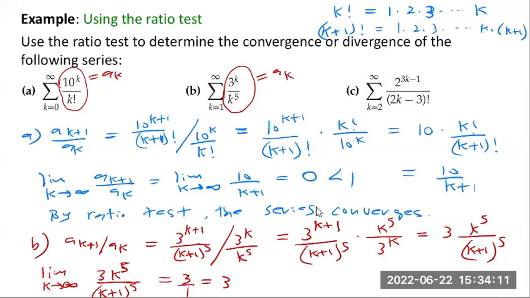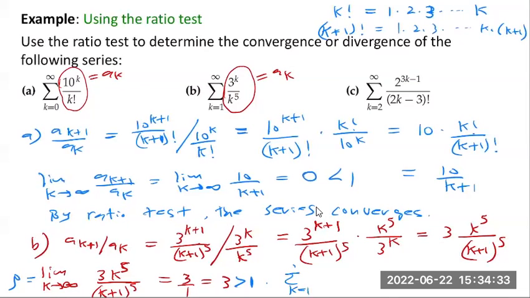Notice that this is greater than 1. What does that tell you? By ratio test, the original series diverges, right? This is what we call rho. Let me actually write it. Rho is bigger than 1, then the original series diverges.